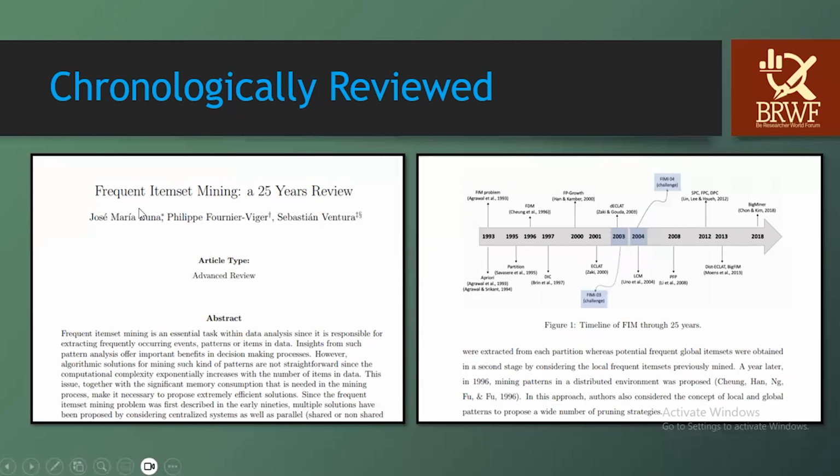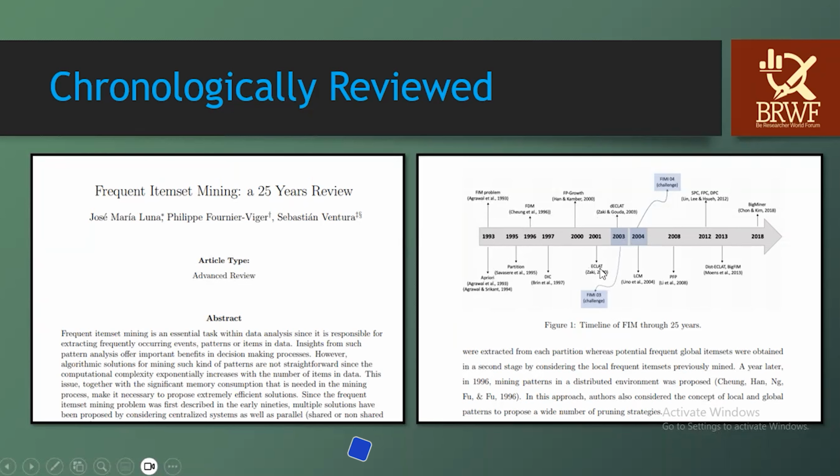Here is an example. This is a technique for computer science students, frequent itemset mining. You don't need to see the title. Just see the 25 years review. They reviewed the papers published over the last 25 years, and here they show how the concept developed over different times. Like in 1993, this is called frequent itemset mining.